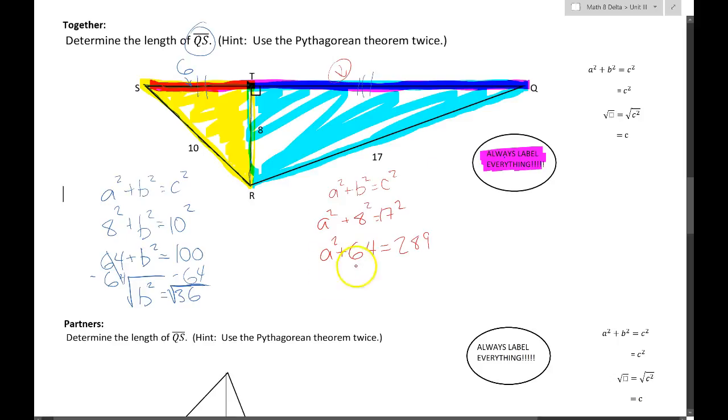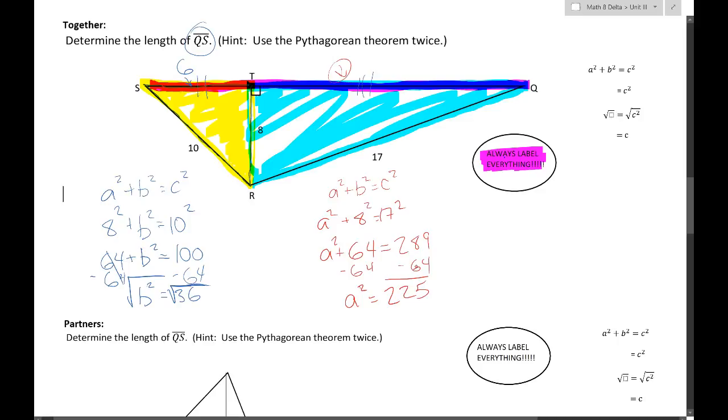So now I go through the steps again. I need to isolate a because that's the value I don't know yet. So how do I do that? Well, I need to subtract 64 from both sides. So I subtract 64 from both sides, and I find out a squared is equal to 225.